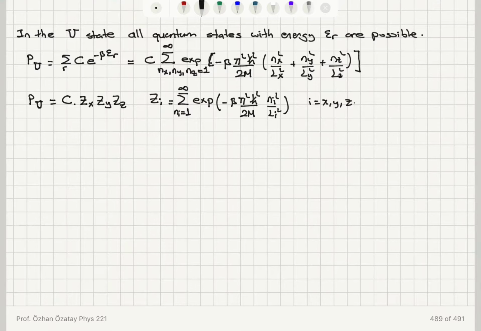Now I'm going to approximate this partition function using an integral.